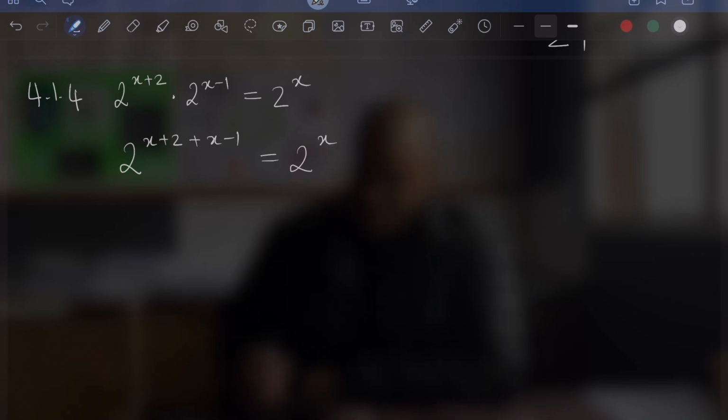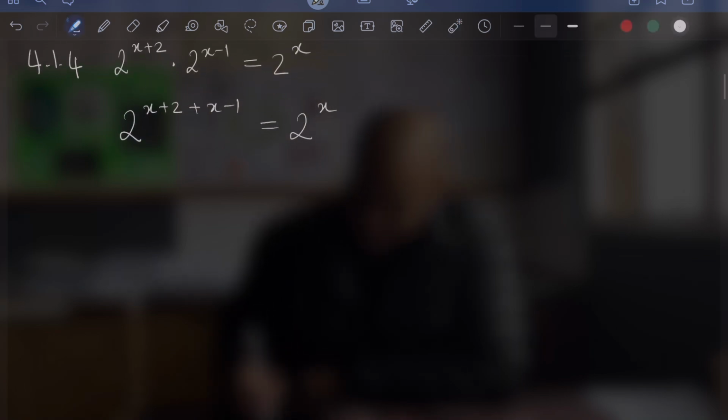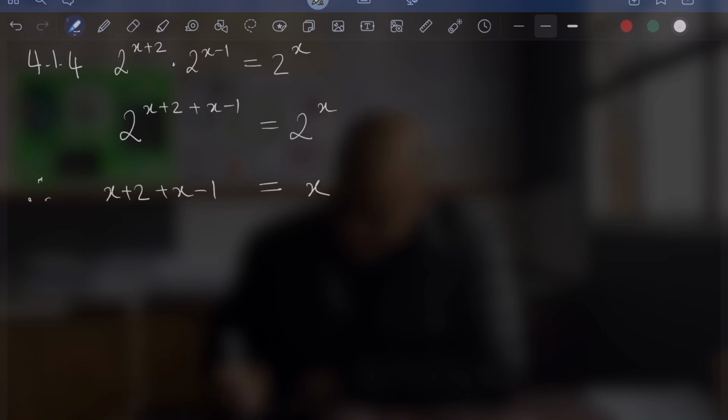the other side. And now again, immediately I have the same bases on either side of the equation, which follows then that my exponents must be equal to each other. So I can immediately say here therefore x plus 2 plus x minus 1, which is my exponent on the left, is equal to x.